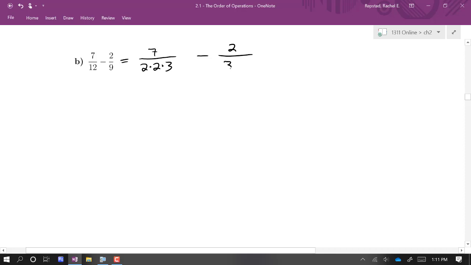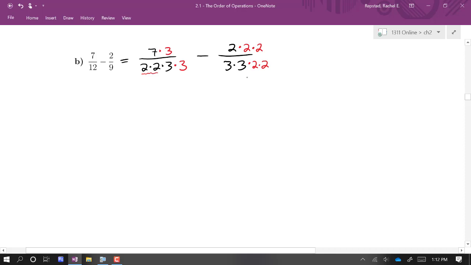And 9 is 3 times 3. So the first fraction is missing a factor of 3. I'm going to multiply by 3 on the top and the bottom. The second fraction is missing both of these factors of 2. I'm writing it here as times 2 times 2.